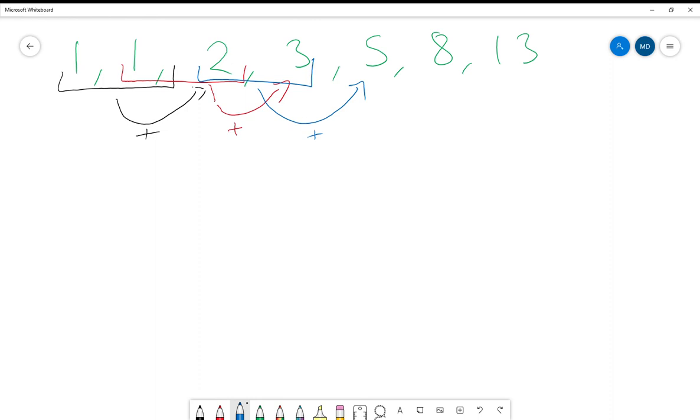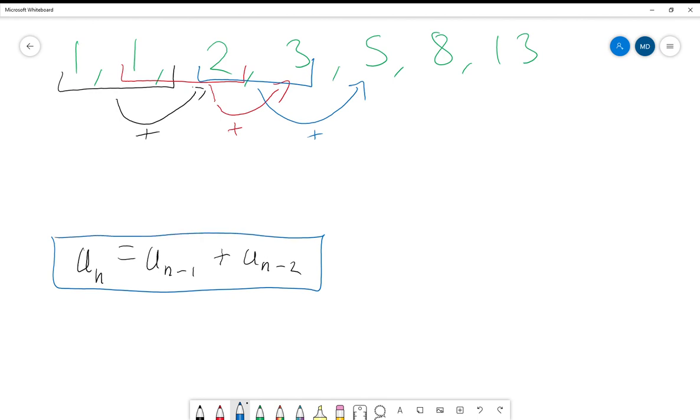And with that in mind, we can write a recurrence relation for it. If we're asking ourselves what is our nth term, so what is Un? Well, Un is going to be equal to the previous 2 terms. Well, if we're dealing with Un as the term we care about, the term before is Un-1. But that's not enough. We also need the term before that, which means we also need to include Un-2. And this defines the Fibonacci sequence, except, again, as always, we need our starting point.